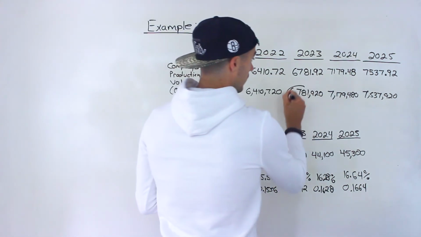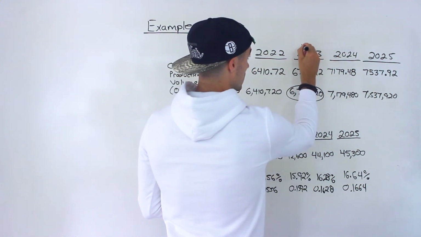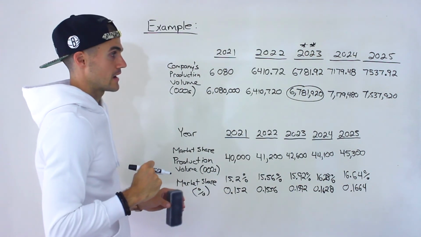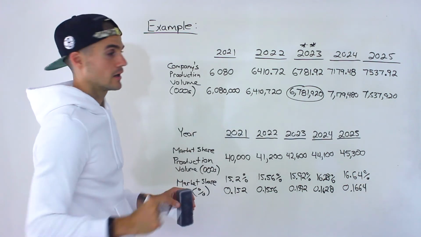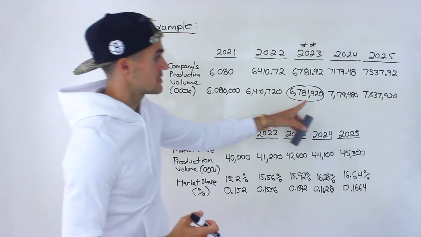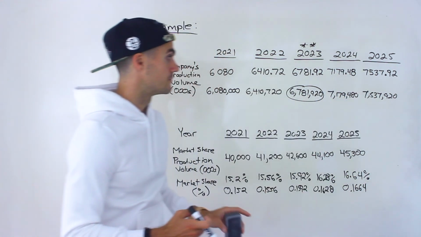So at this point, at 2023, in that year, they're going to have to expand that capacity, perhaps maybe buy another factory in order to accommodate those extra units. And notice that it's going to keep going up.